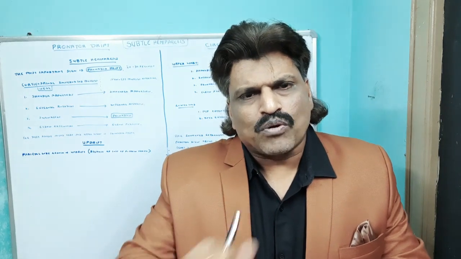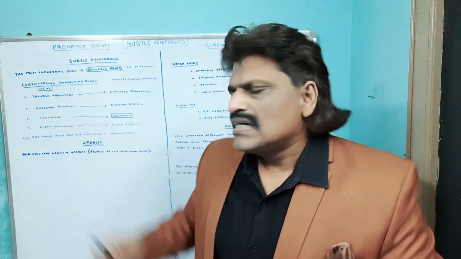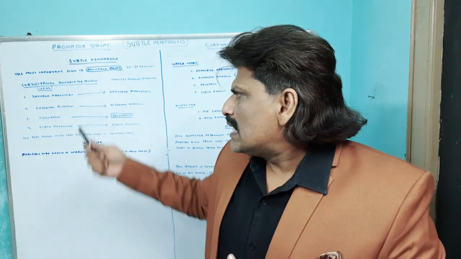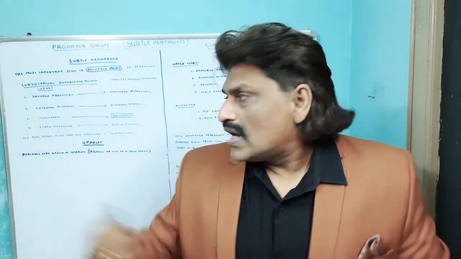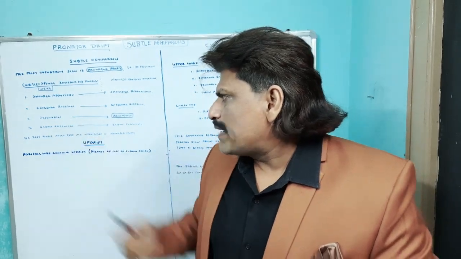But what is the mechanism for this pronator drift? Why should the hands pronate? It is because we have few muscles which are predominantly corticospinal tract innervated muscles, namely the shoulder abductors, the external rotators, the supinators and elbow extensors.